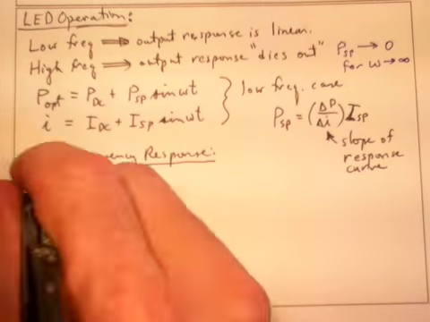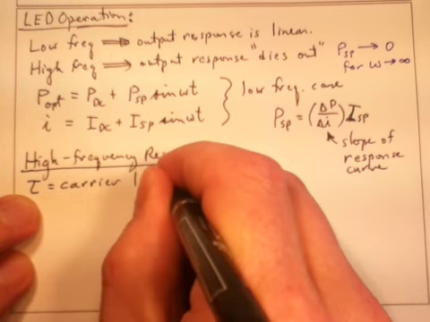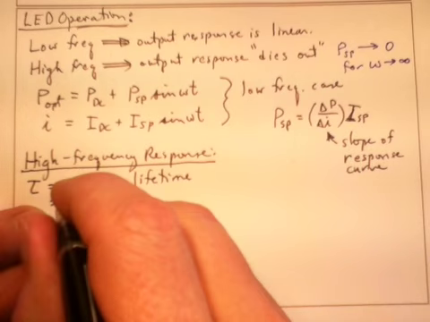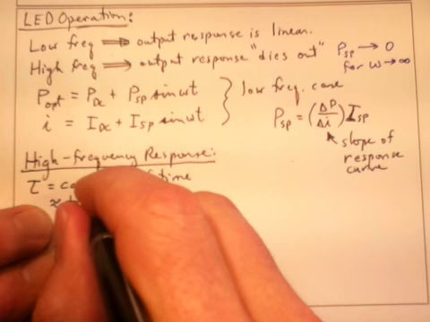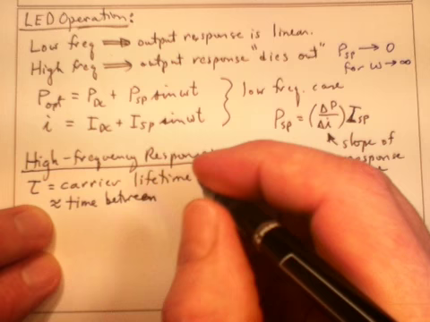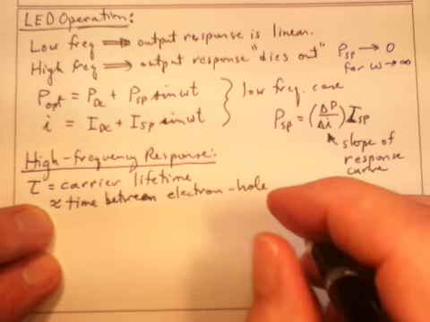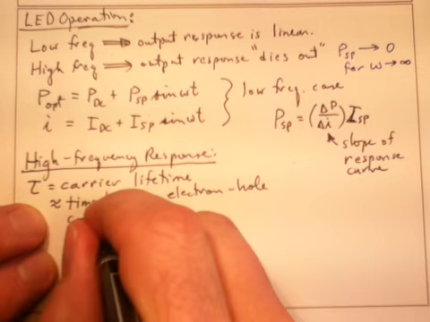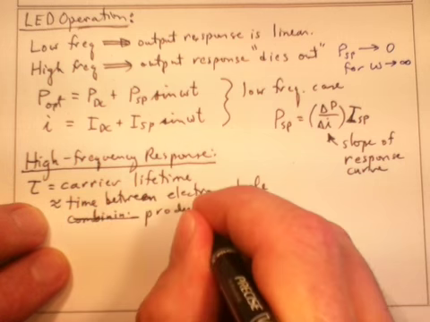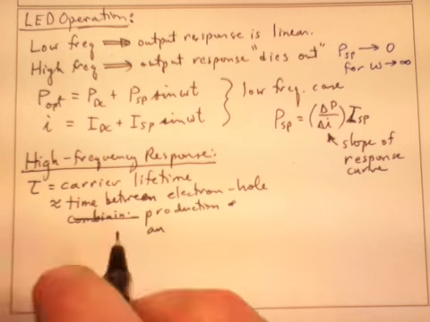So we're going to call it tau, and this is more or less equal to the time between an electron and hole being produced and annihilation. Uh-oh. I don't know how to spell annihilate.